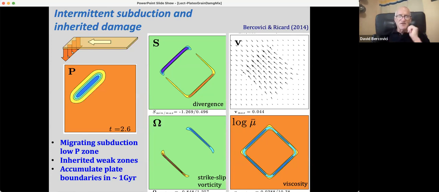So we tried this out with a very simple model where we take a subduction zone that we just impose, and we'll plop it right here in the model, and we'll let it go for a while to develop a convergence zone like this blue thing here, and then we'll just move it around. Every few million years, we'll move it around. And every time we move it around, it leaves behind a weak zone or a scar. This subduction zone is more like a drip, an ephemeral or temporary subduction zone, but we're just making it up.